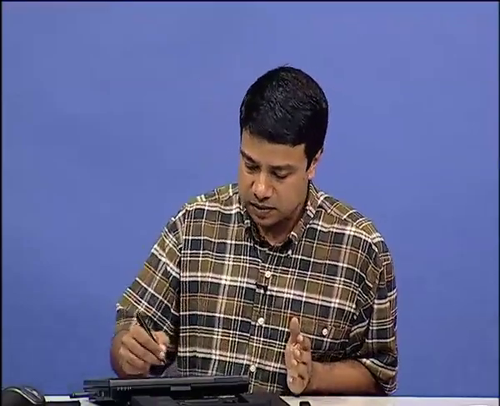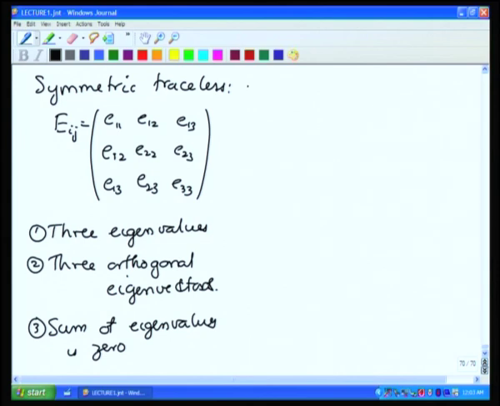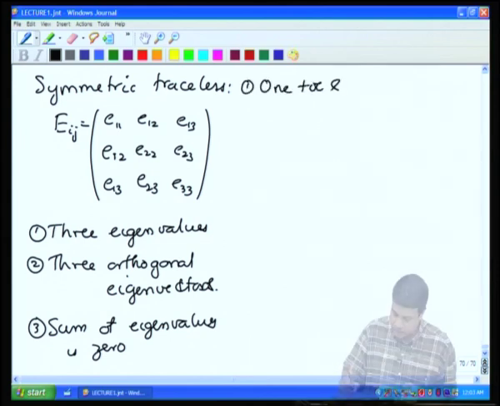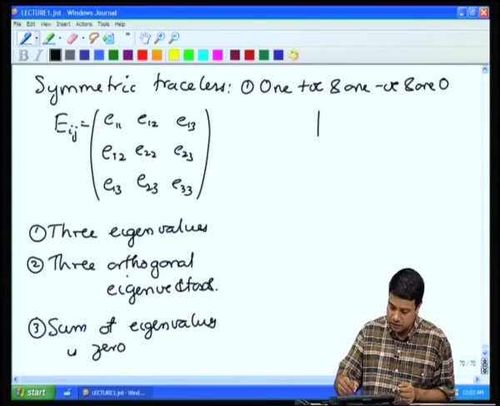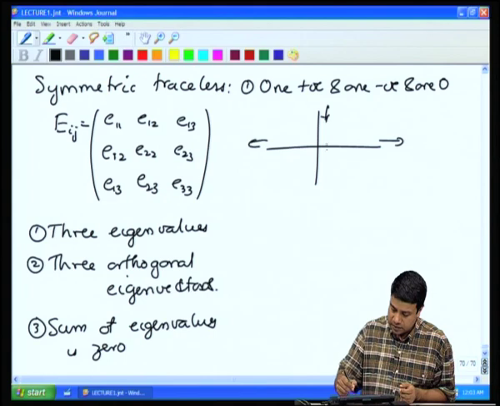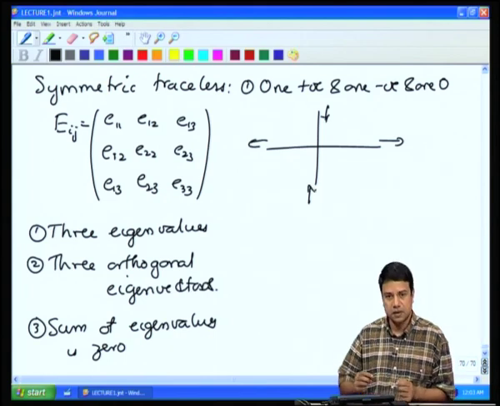If you have 1 positive and 1 negative eigenvalue, it means that there is extension along one direction and compression along one direction. If I have 1 positive, 1 negative and 1 zero, I have extension along one direction, compression along the other direction, and there is no deformation in the third direction.